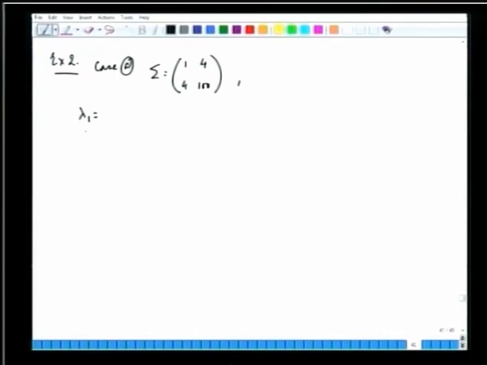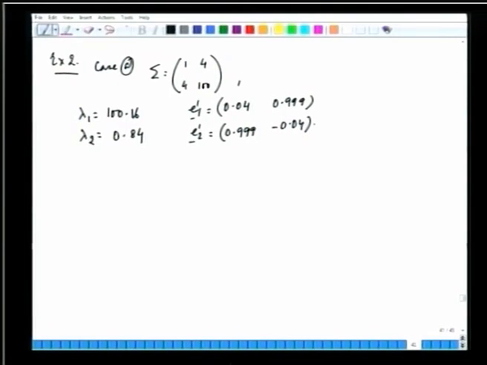From this sigma matrix, I have two eigenvalues, lambda 1 and lambda 2, and these are 100.16 and 0.84. The corresponding orthonormal eigenvectors are E1, this is 0.04, 0.999, and E2 is 0.999, minus 0.04.